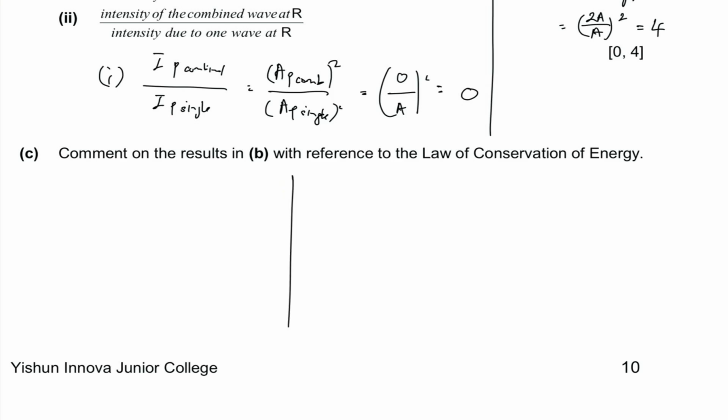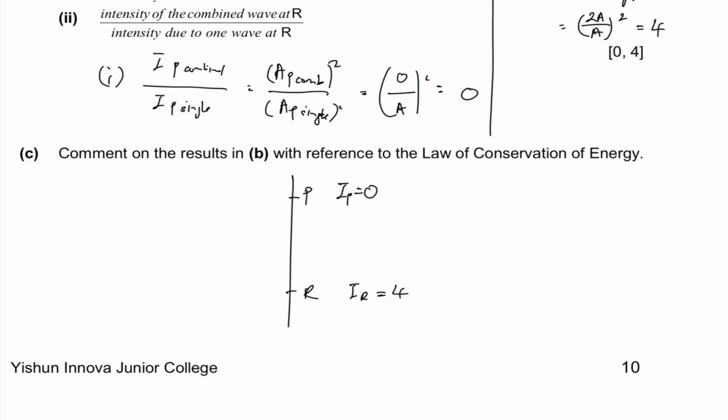Along this line, P is here and R is here. P is receiving energy of basically 0, where the intensity is 0, so IP is 0. And IR is equal to 4 times the original value, compared to when there's only one wave incident.